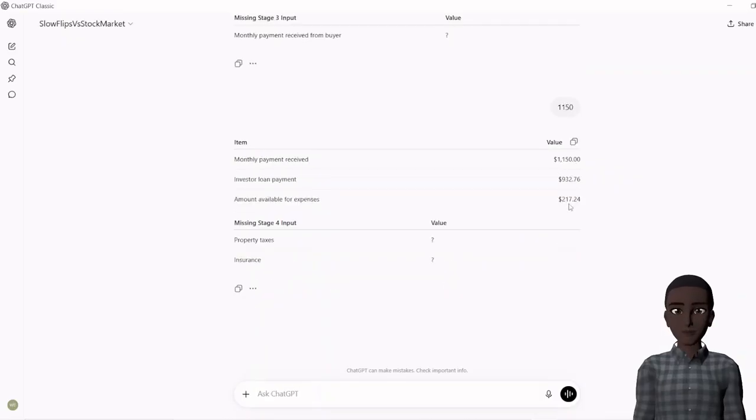We have a delta of around $220 that's left over, and we're going to use that $220 not to put in our pockets, but to pay property taxes. And we'll set this to say 120, and then we'll set insurance to 80.